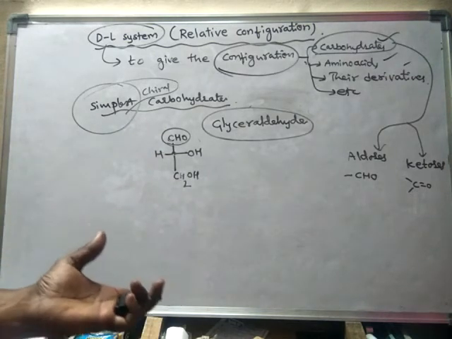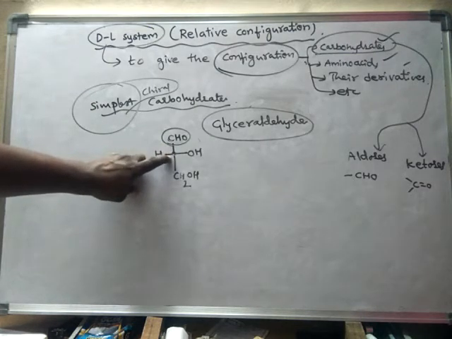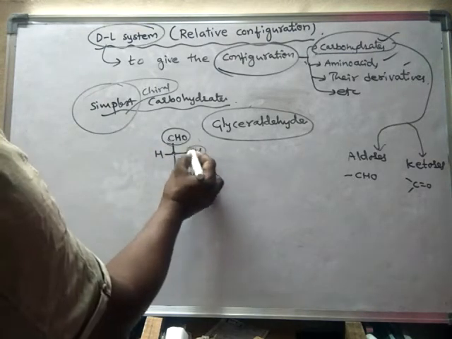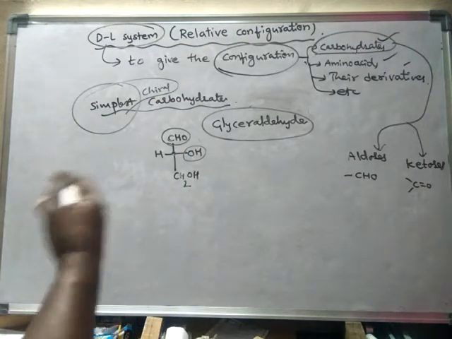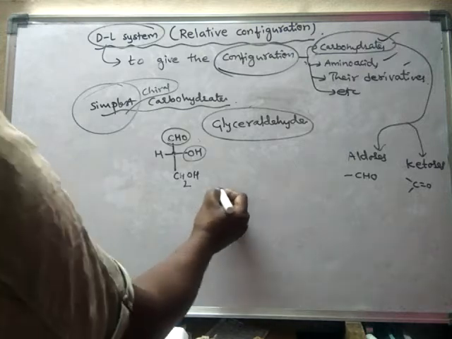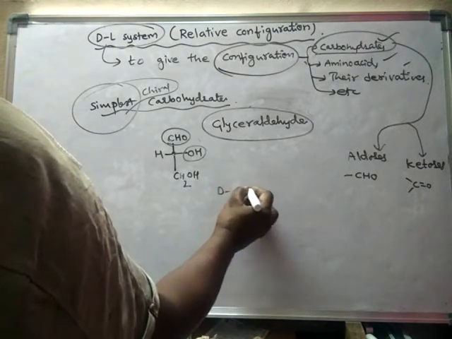In that chiral center, if the OH group is attached towards the right side, then it is said to be D configuration.